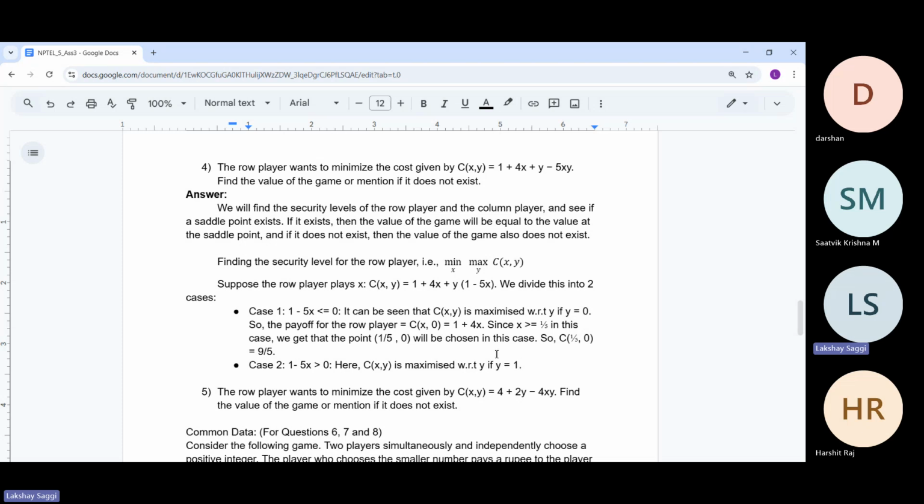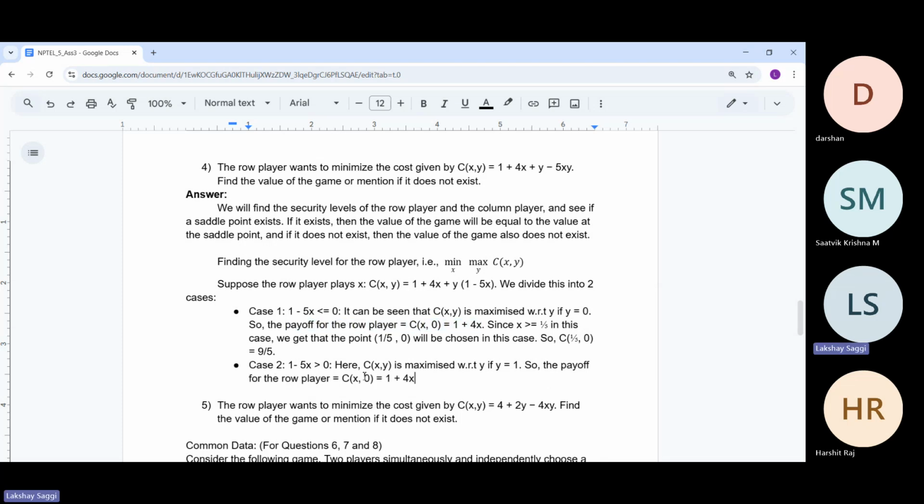So the payoff for the row player will be c of x comma 1, which will be equal to 1 plus 4x plus 1 times 1 minus 5x. And what will this come out to be? It will be 2 minus x.